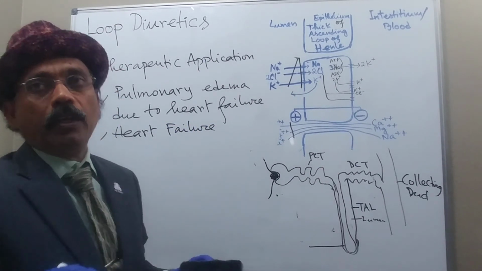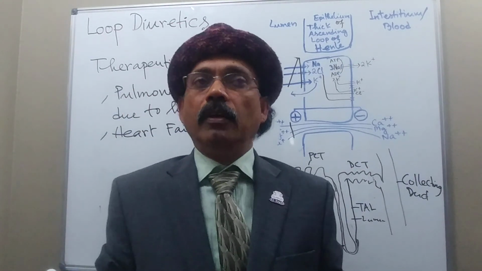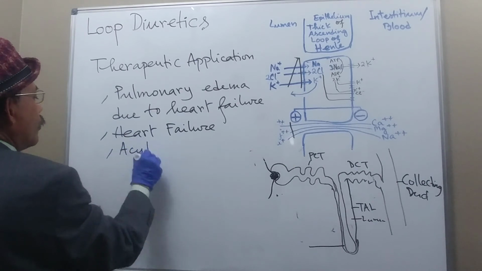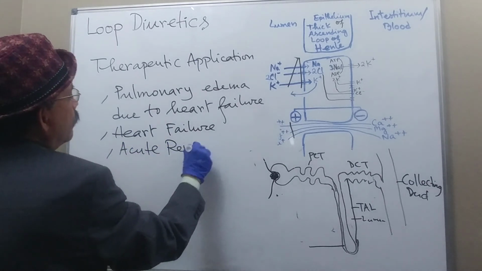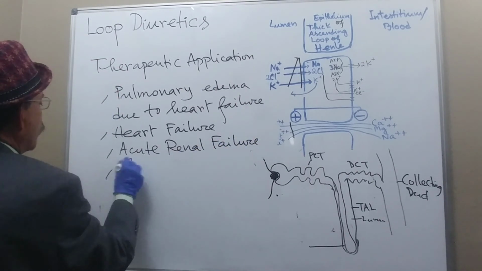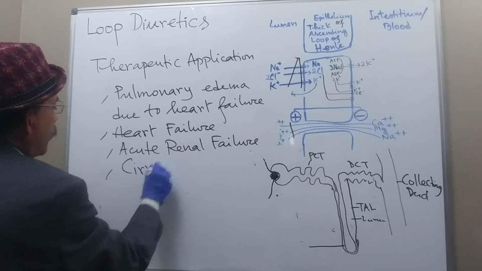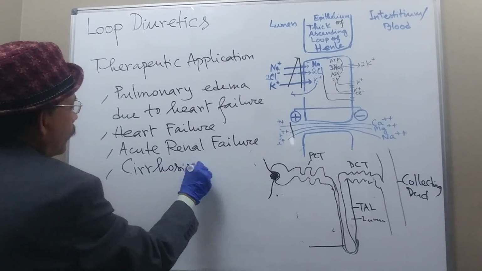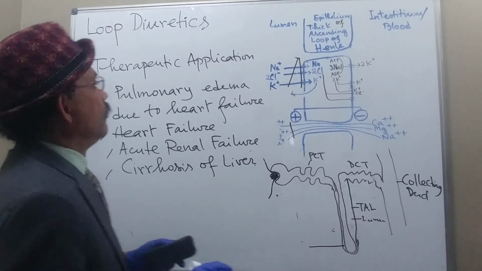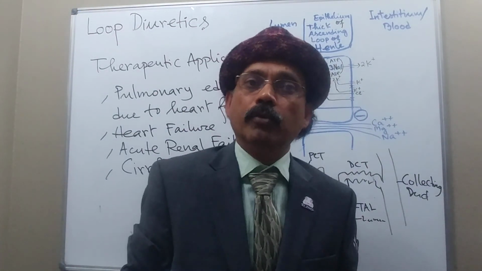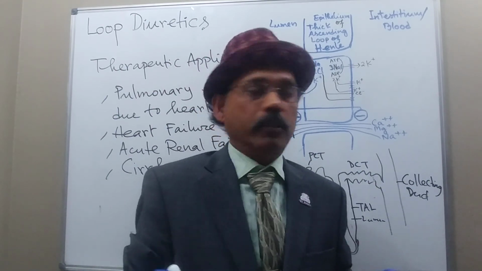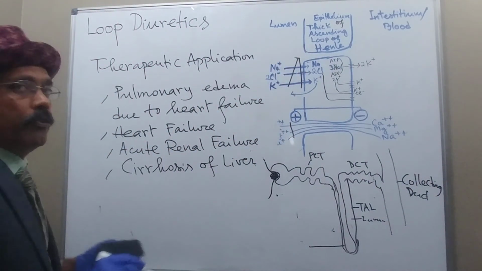Okay, it is a management. Acute renal failure, cirrhosis of liver. In cirrhosis of liver, usually furosemide is given along with the potassium sparing diuretic, that is called spironolactone. Okay, so cirrhosis of liver.